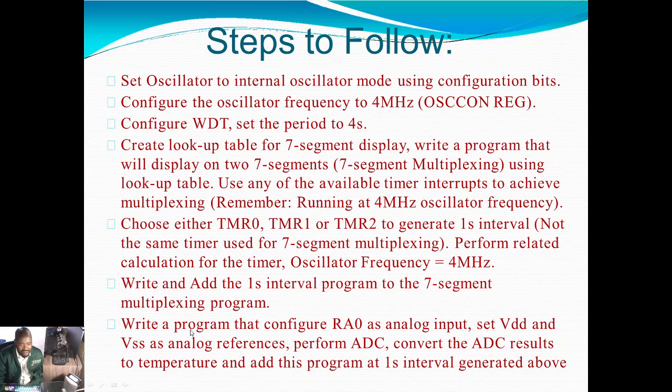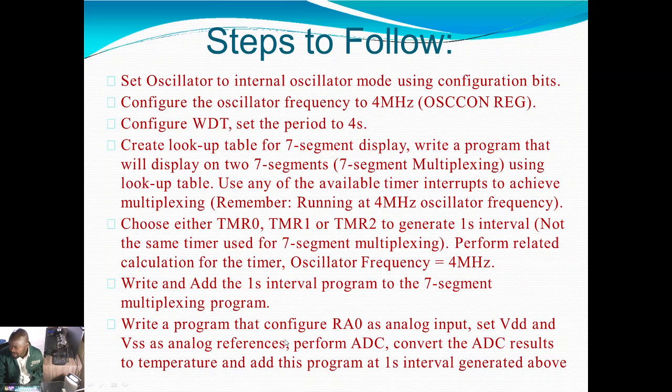And then go and configure RA0. I'm doing this individually. I can later put them together, or I can do this, do that and put them together, add it bit by bit up until you achieve the whole requirement.